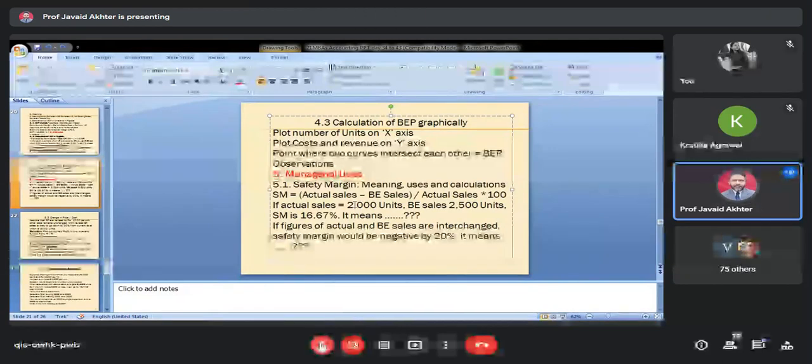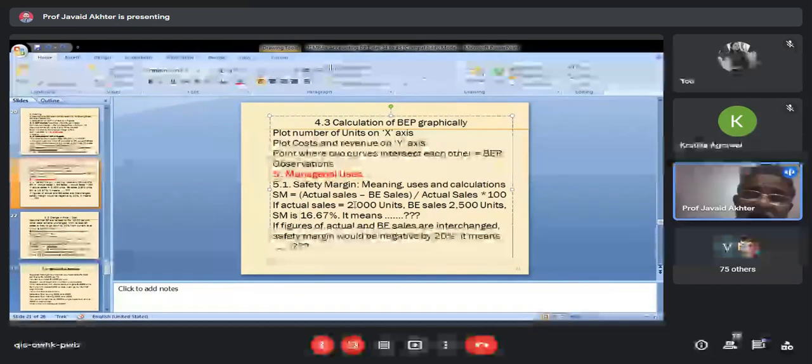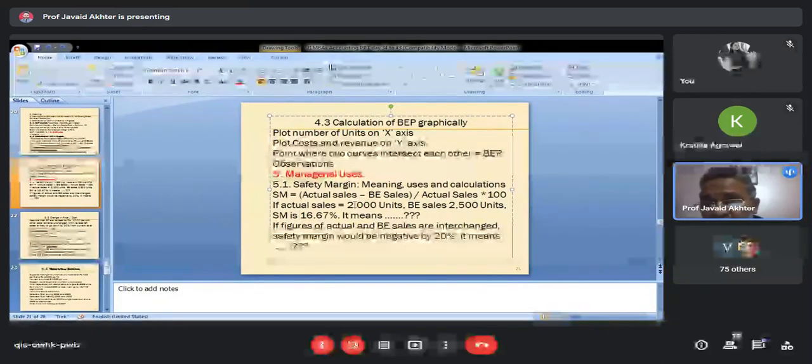Total cost curve as well as total revenue. Both it will touch, isn't it? Whenever it touches both the curves, you can calculate safety margin any time, negative or positive. So that is yet another advantage of using the graph concept of break even analysis.